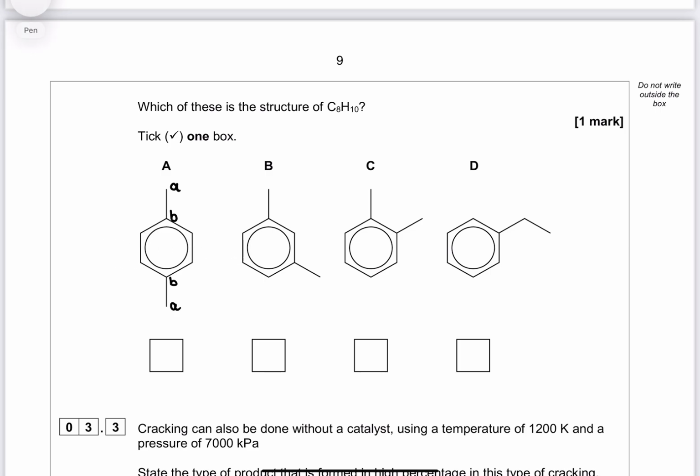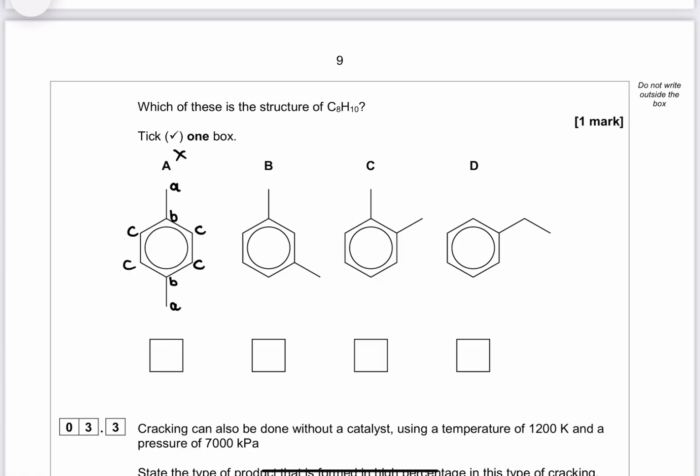And then these Cs are the same as each other because they're vertically mirrored, but they're the same as these two because they are mirrored in that horizontal mirror as well. So this would have only 3 peaks, so it's definitely not A.